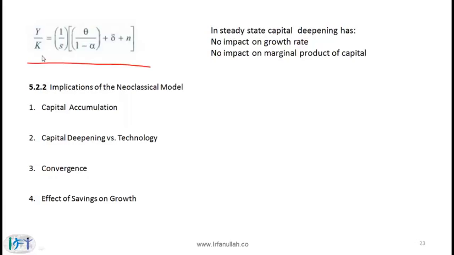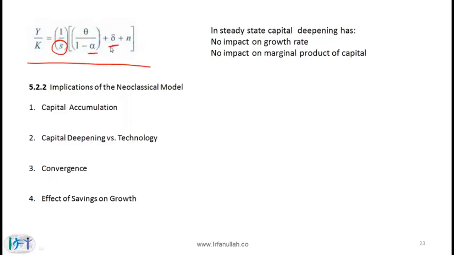The Y over K is the output per unit of capital. S is the savings rate, so this is the fraction of income that's saved. Theta, as we've talked about before, is the growth rate of total factor productivity. Alpha, again, we just talked about.